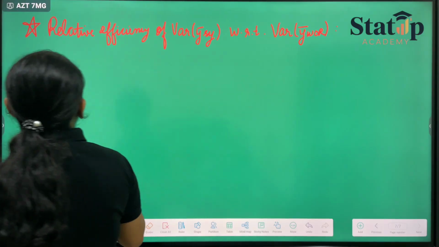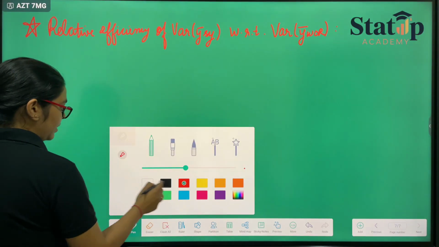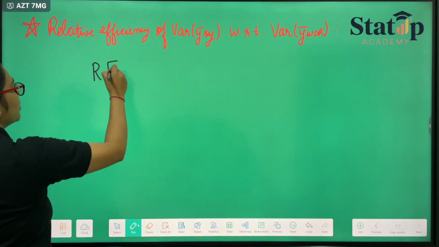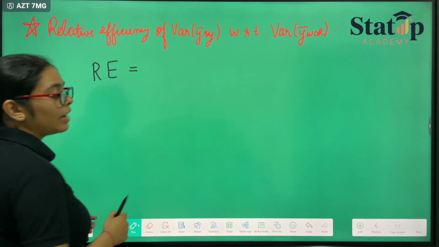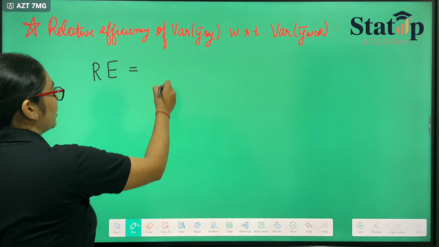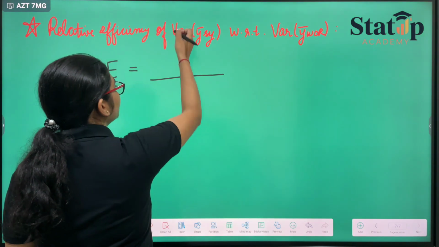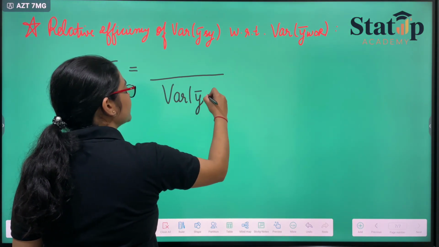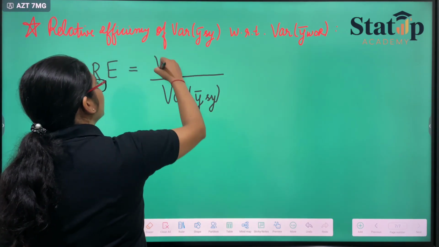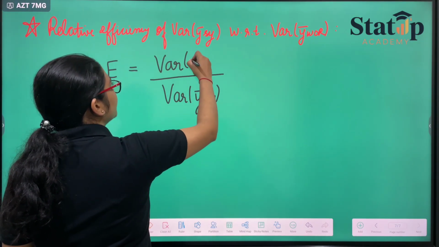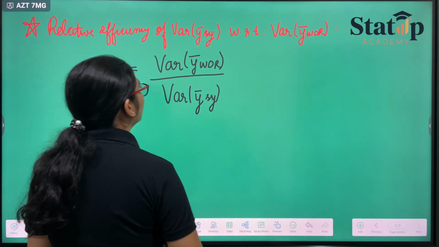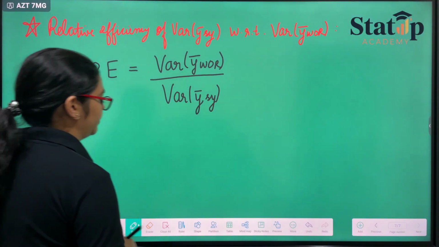Whenever we check relative efficiency, the formula is always such that the one for whom we are checking will come in the denominator. So we are checking for systematic, so it will come in the denominator, Y bar systematic. And we are doing for without replacement, so it will come in the numerator.